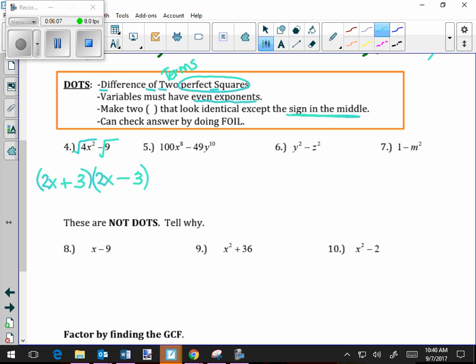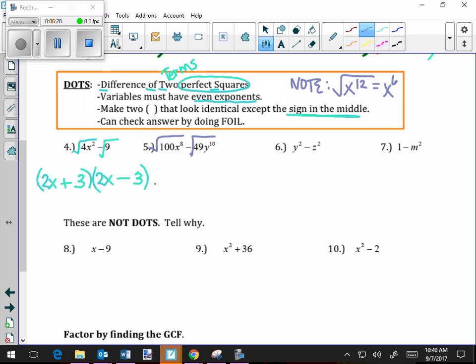In question 5, same exact thing. This time though, we have the square root of x to the 8th. And just as a little note, if you are taking the square root of x to the whatever the exponent is, if it's even, you take the exponent and you cut it in half.